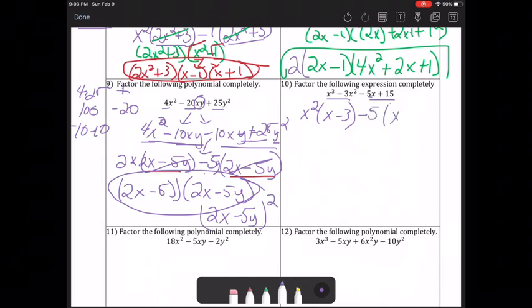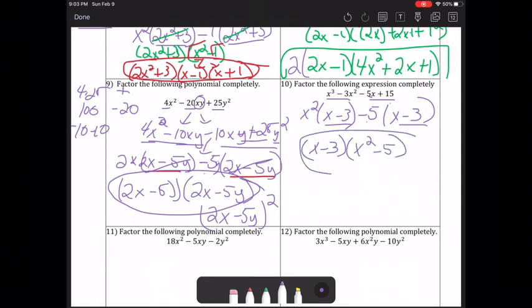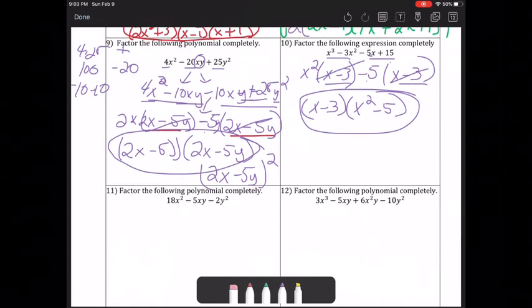I'm just left with x here, and then negative 5 goes into positive 15. Negative 3, I know I did it right because I have the same term twice. So this is x minus 3 times x squared minus 5. So that was that one.